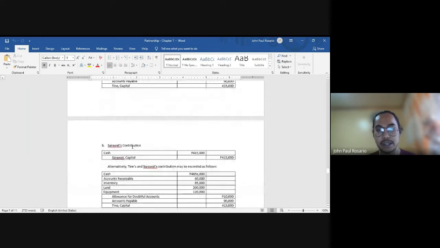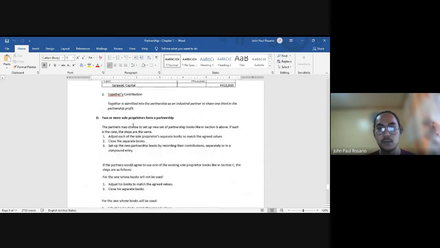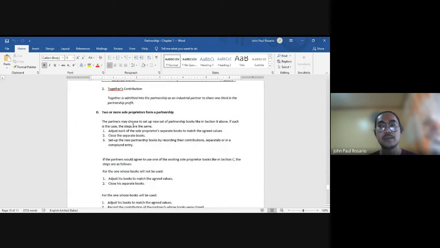The only difference is that the partners will be utilizing the books of the sole proprietor. The fourth and the fifth are when 2 or more sole proprietors would form a partnership, and they will either utilize new partnership books, or utilize the existing books of one of the sole proprietors, and the rest of the sole proprietors will be closing their books.